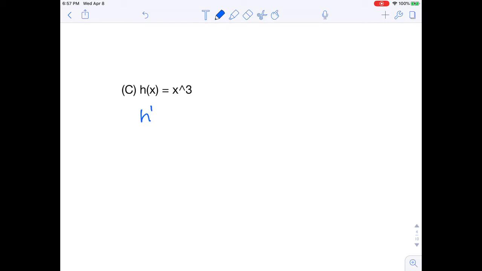x to the third, first derivative, second derivative. We'll just use 0 as our focal point.